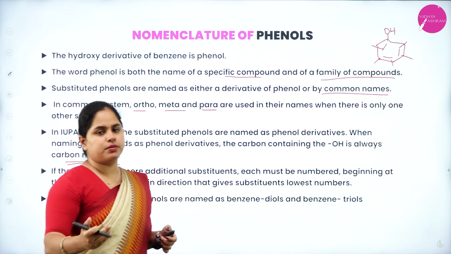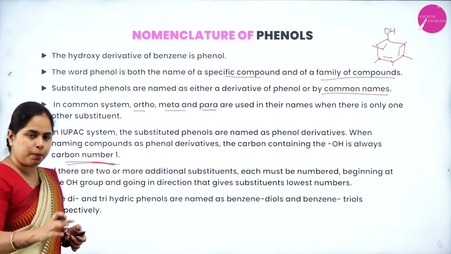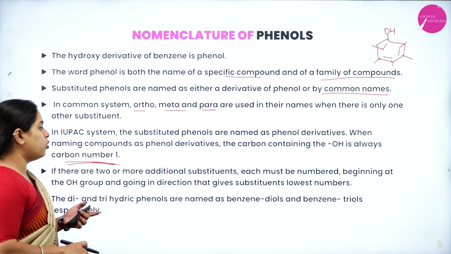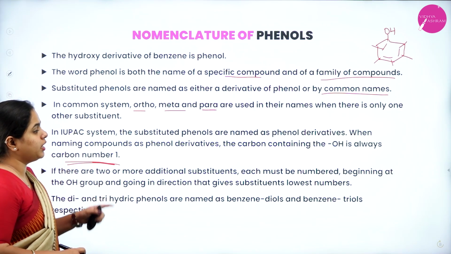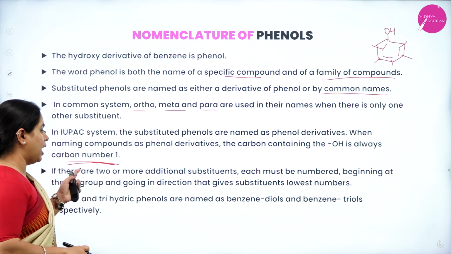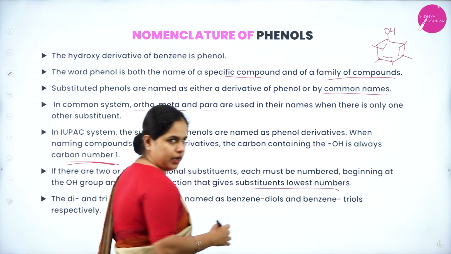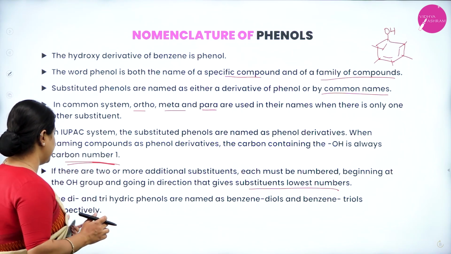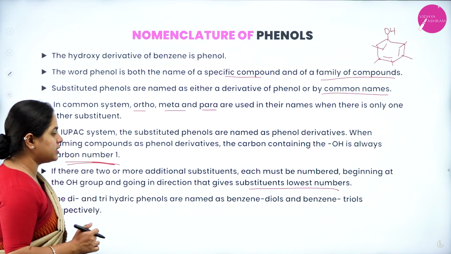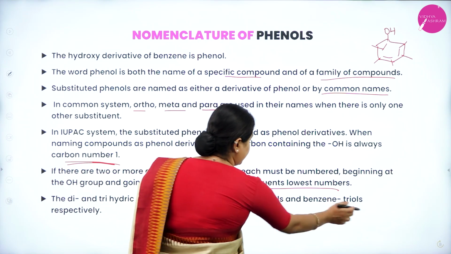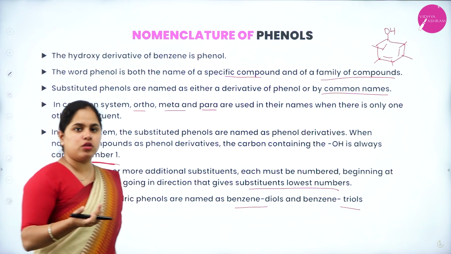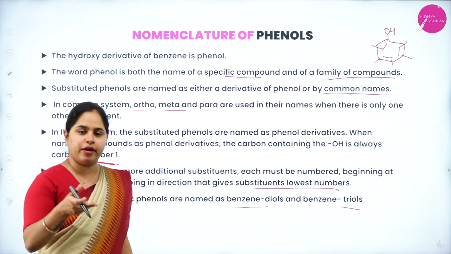Then the substituents will be considered according to their priority. If there are 2 or more additional substituents, each must be numbered beginning at the OH group and going in the direction that gives the substituents the lowest number. Okay, we will discuss that. The di and trihydric phenols are named as benzene diols and triols. If more than one hydroxyl group is there, you need to end it with diols or triols.